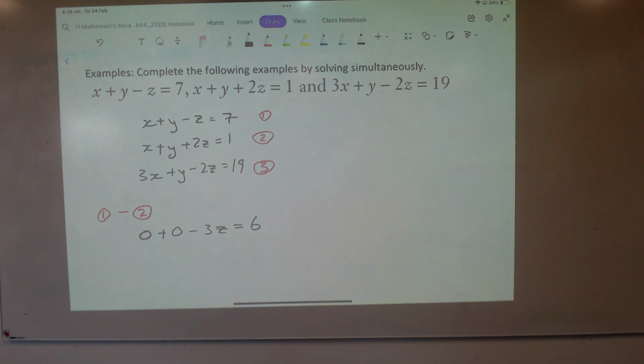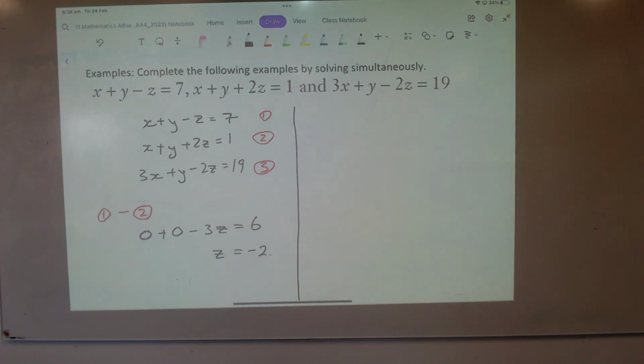In this example I've actually gotten rid of the x and the y, so I've been given a solution for z, which is equal to negative 2. I still have to find what x and y are, so I'll do that in a moment.